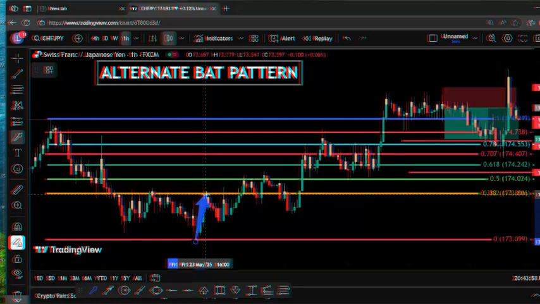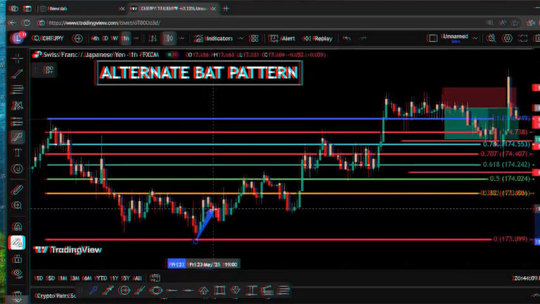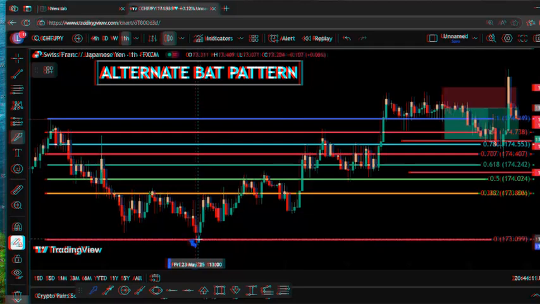Okay, for an alternate pattern, it has to be 0.382. Okay, and this pullback here must not exceed the end of the initial impulsive leg, which is our A.